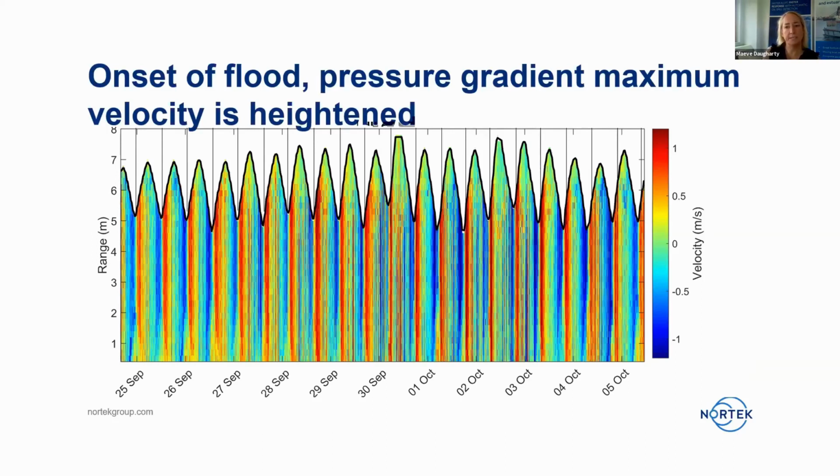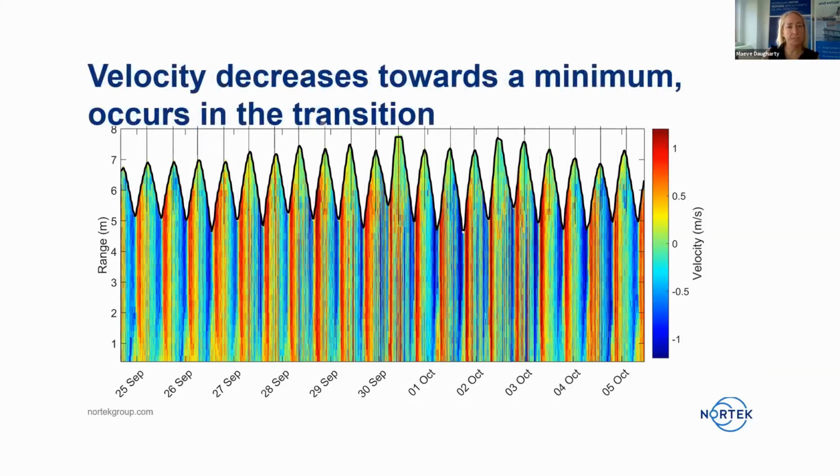So the velocity is heightened as water from sea rushes landward. And we can see that in the velocity in these thin red bands representing 1 to 1.2 meters per second. Then during the flood tide, velocity decreases towards a minimum, and this occurs in the transition with these lighter colors.